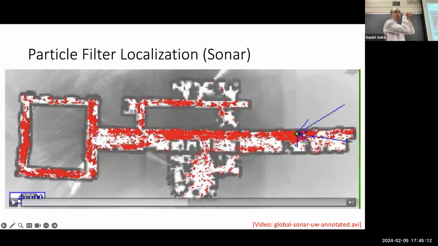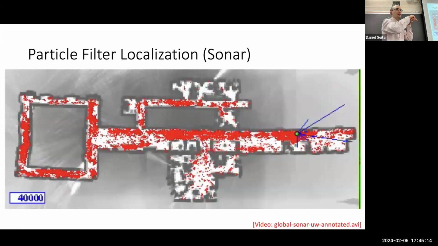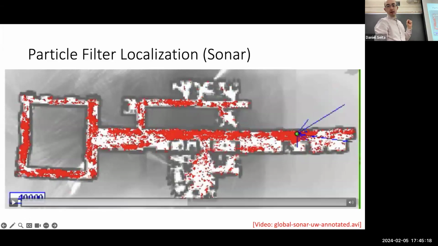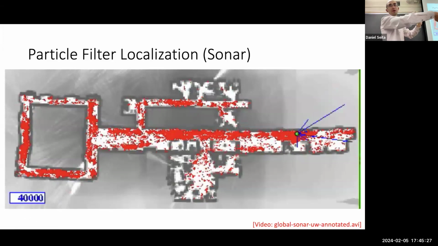If it's moving straight in some direction, then it's more likely that it's in some kind of long corridor or hallway instead of this area or this area. That's why the number of particles disappears in some of the lower probability regions.